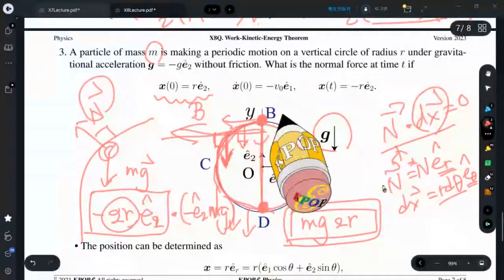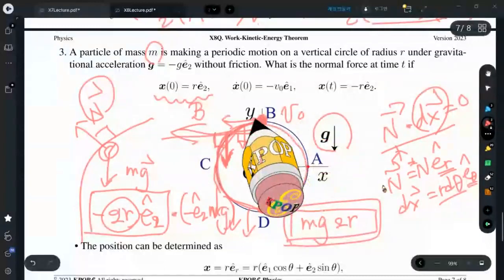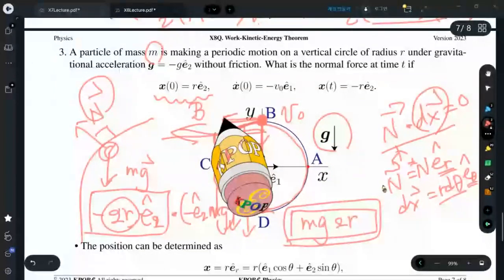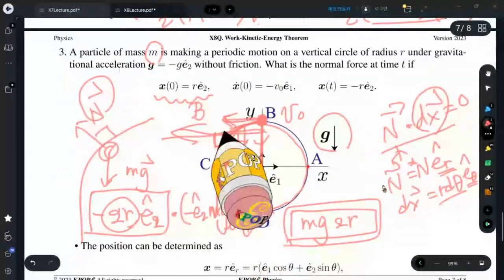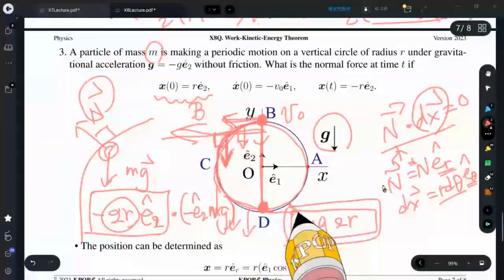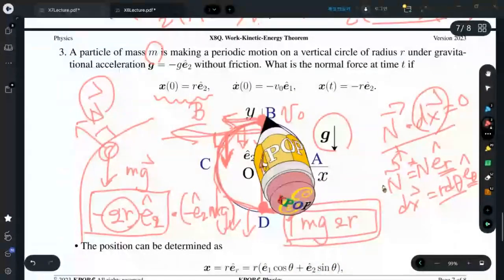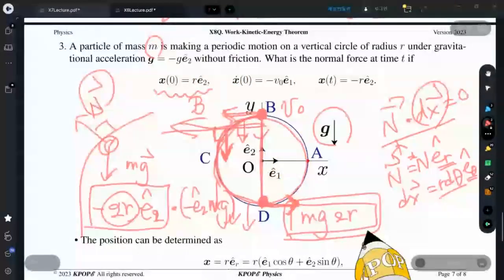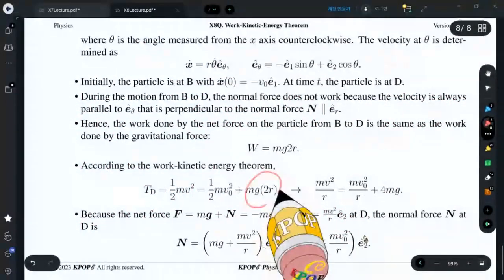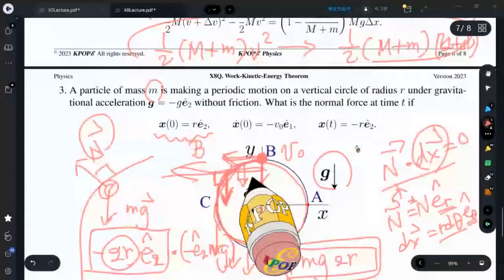Therefore, if you have a velocity v0 in here, along the direction to the left, if it arrives here, it doesn't change the direction, so it's still rotating counterclockwise, but what you have added is the work done by the gravitational force, that is 2mgr, on top.